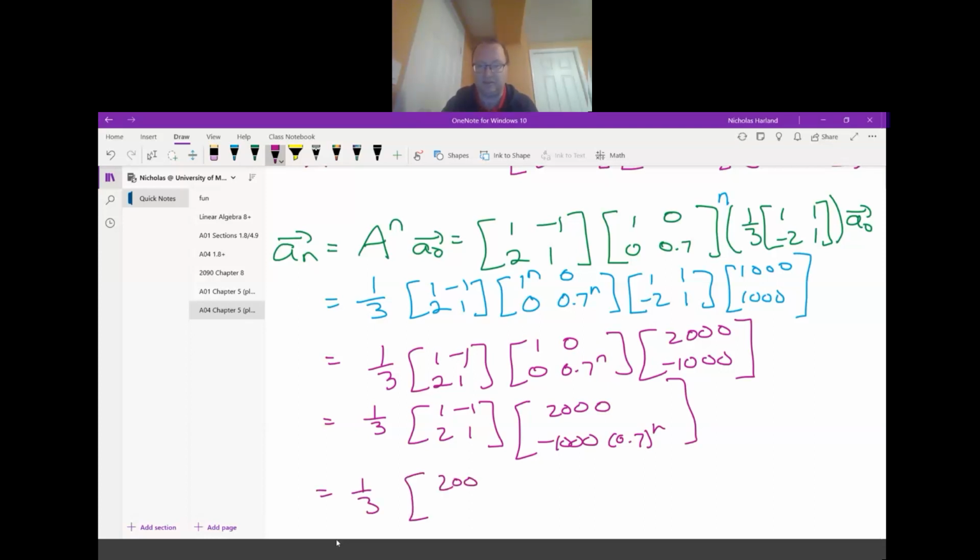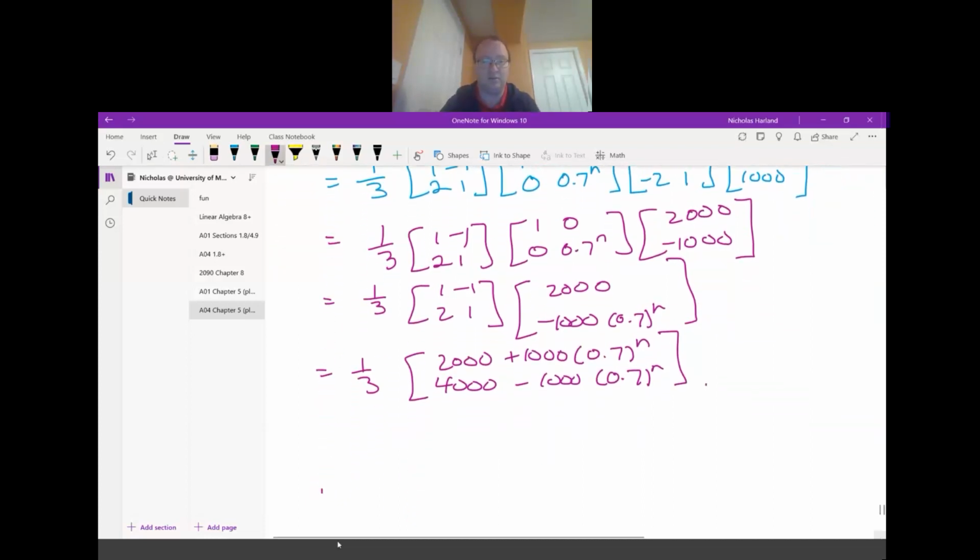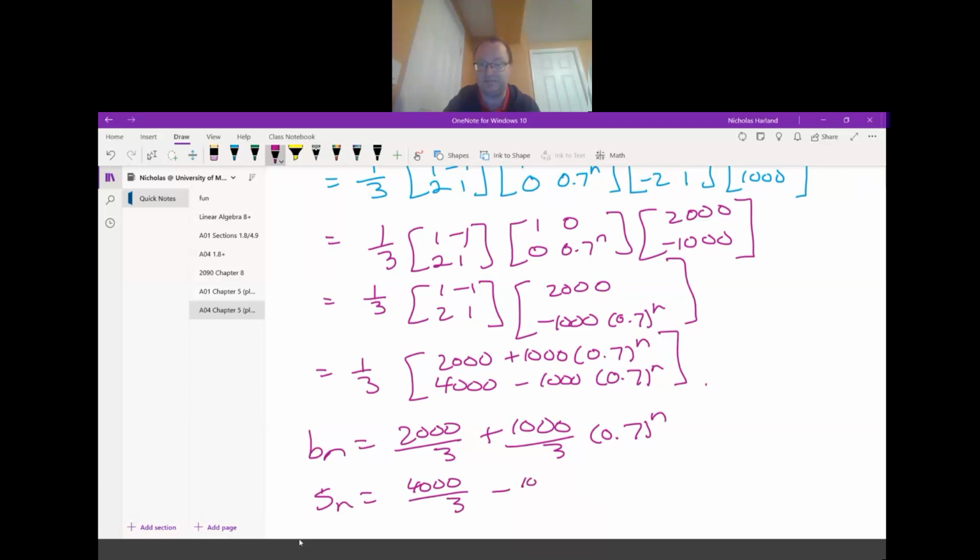So that's 2,000 plus 1,000 times 0.5 to the n, and then 4,000 minus 1,000 times 0.7 to the n. So Bn would be 2,000 over 3 plus 1,000 over 3 times 0.7 to the n. And Shaw's would be the second one.